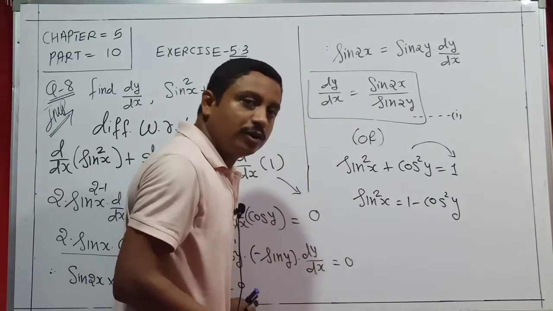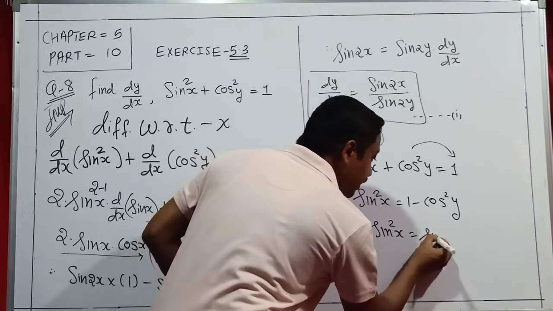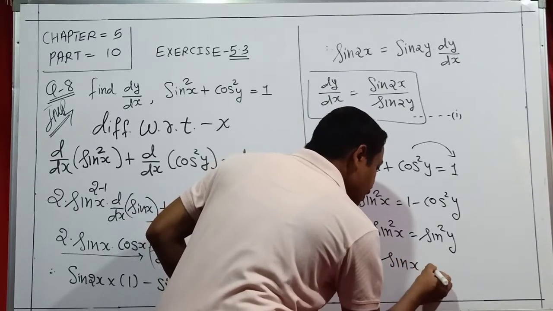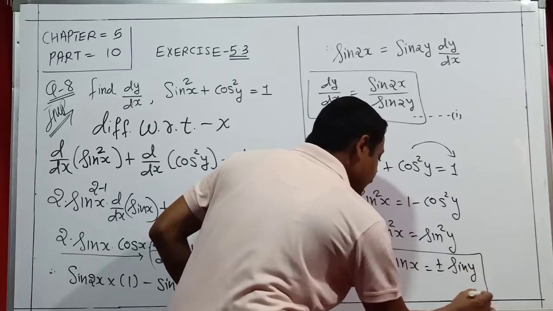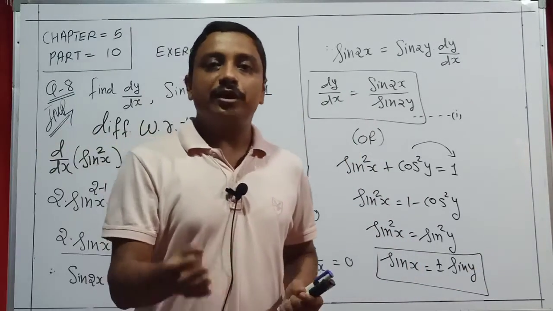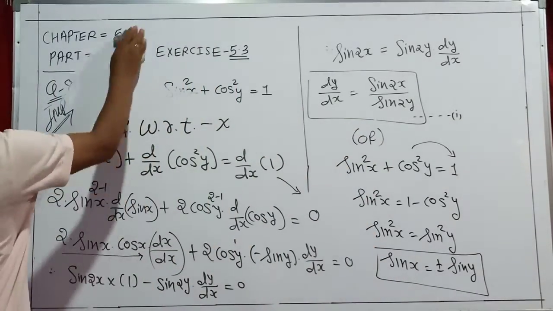I am sure you know that it is sin square y. Taking the square root of both sides, sin x is equal to plus or minus sin y, and that becomes our equation. Now I am going to differentiate with respect to x.